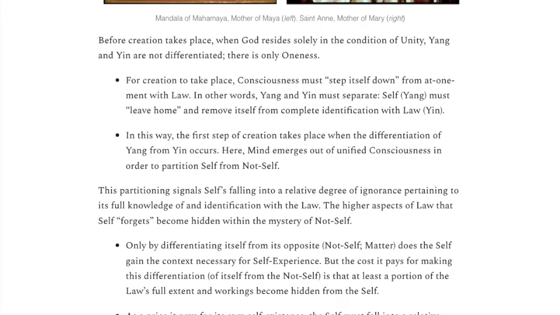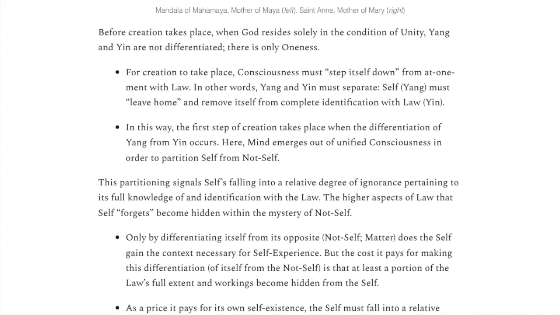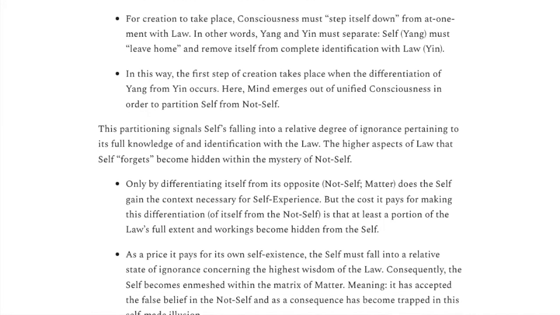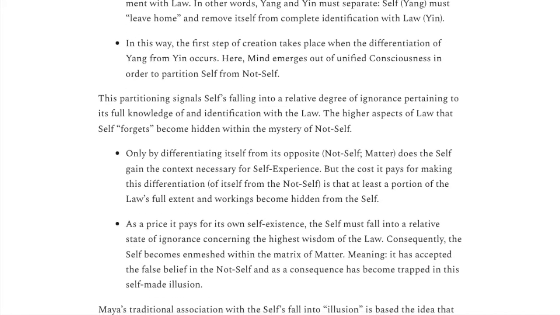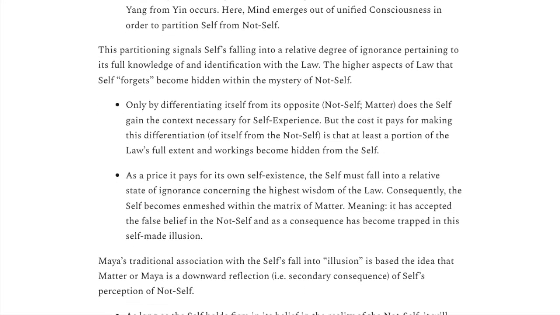So the first step of creation takes place when the differentiation of yang and yin occurs. And this is equivalent to mind emerging out of unified consciousness in order to partition a self from not self. This act of partitioning consciousness signals the self falling into a relative degree of ignorance pertaining to its full knowledge of and identification with the law.